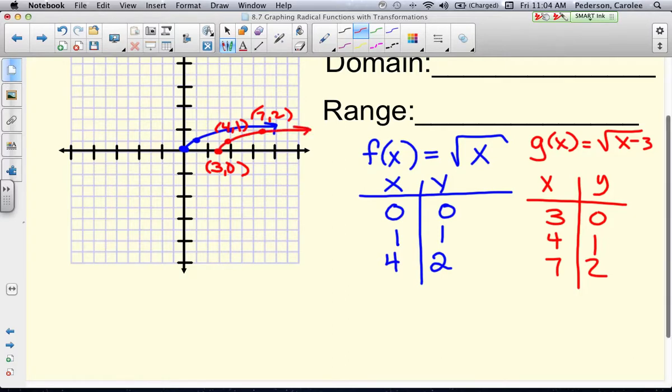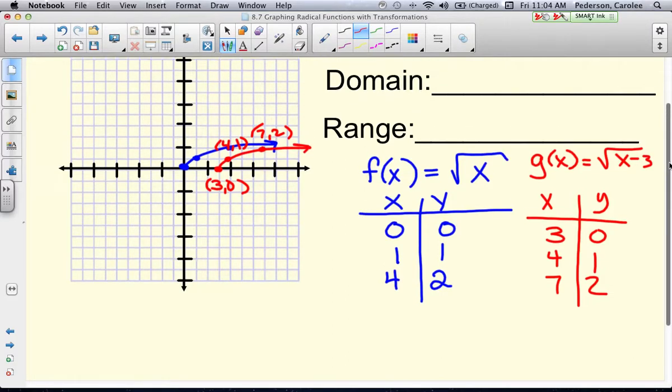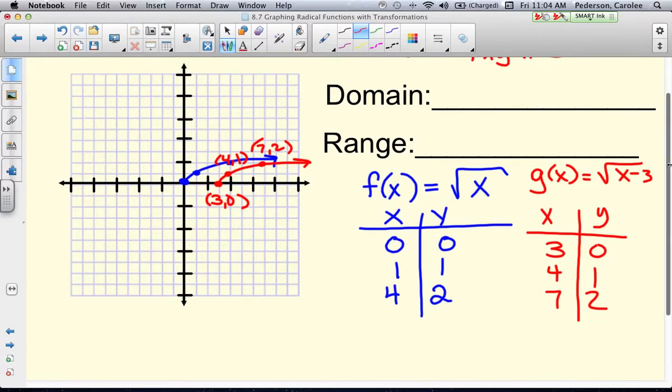Then we have to talk about the domain and the range. The domain is a little different now. The domain is what can you plug in for x. So I'm going to create a vertical line here so you can start to see the domain. If I enter in anything less than 3, it doesn't show up on my graph. It's out of the domain.